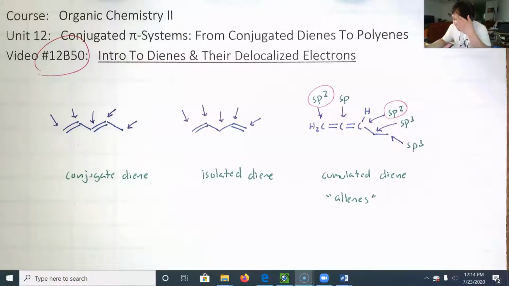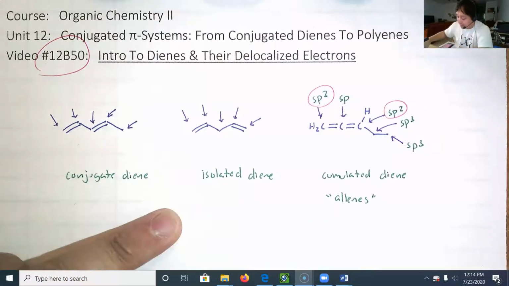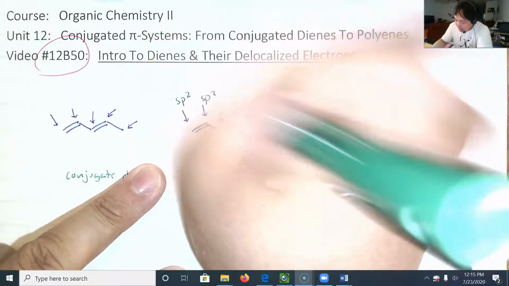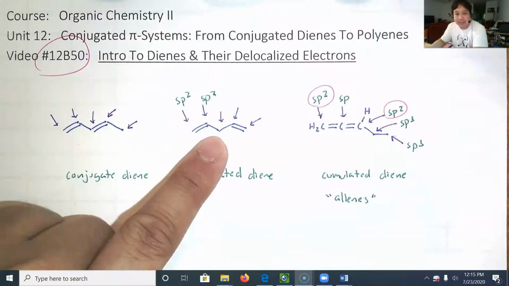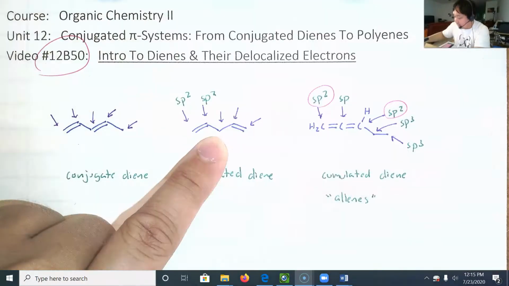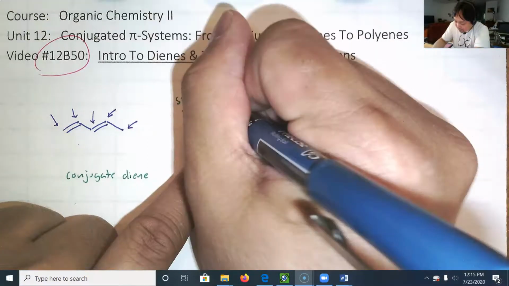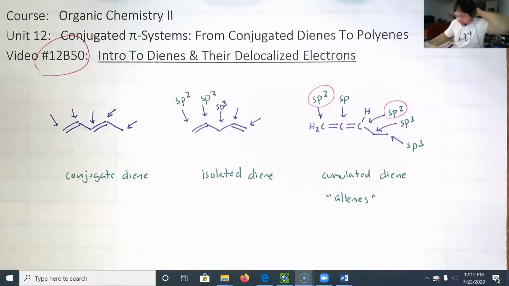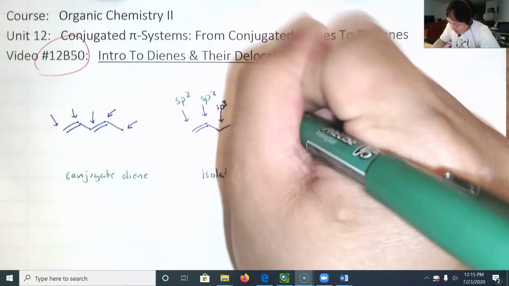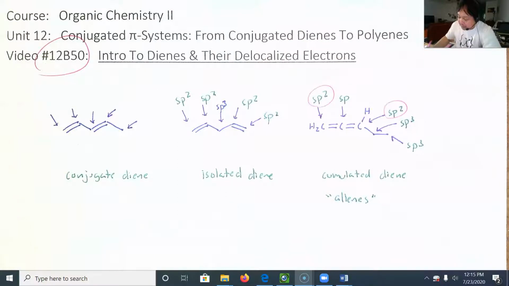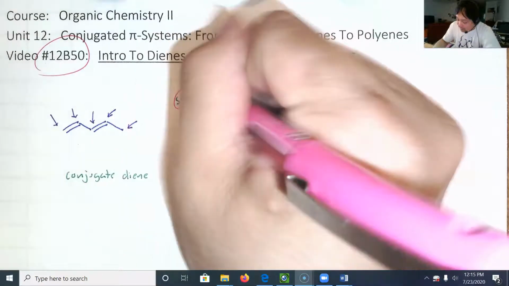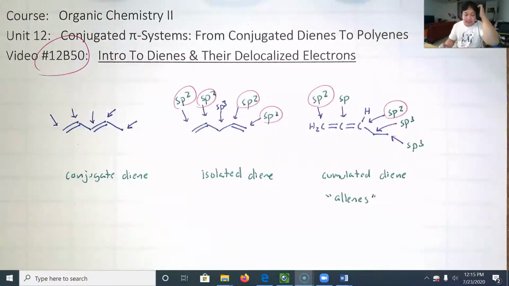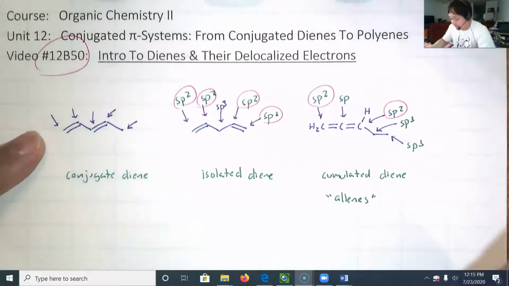For the isolated diene, we have sp2, sp2, and then we have a break in the sp2 chain, and this middle carbon is now sp3. And then we're back to sp2, sp2. Again, I haven't mentioned why it's important that we locate the sp2 carbons. I'll do that in just a bit.